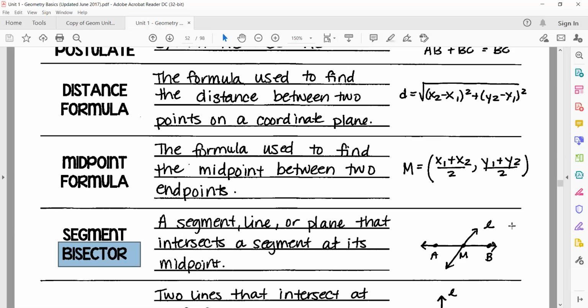But the other thing you would also see is segment AM is going to be equal to segment MB, right? It's AB that's cut in half, M is in the middle. So the idea of a bisector is something that you'll see again later on when we start talking about angle bisectors also.